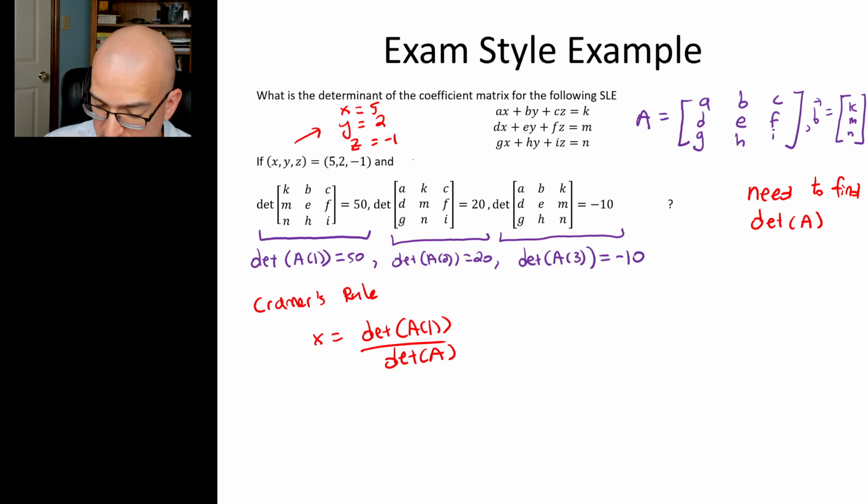We are told that x is equal to 5. Determinant of A1 is equal to 50 divided by determinant of A, which is unknown.